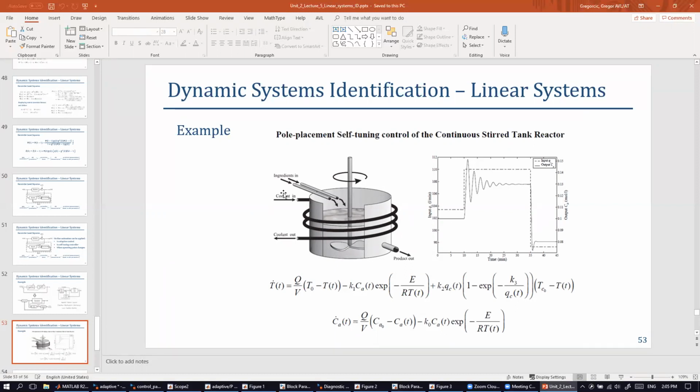And then this actually governs the change of the dynamics of the system, and then you need to retune the controller, right? And if you have a good operator who knows how to tune the controller, let's say from experience, then you don't need automatic control, right? They will know and they will tune it, and then it is going to be okay, right? But most of them, they don't.